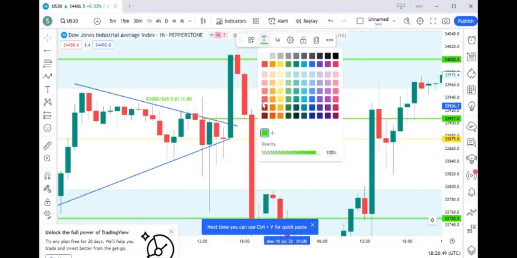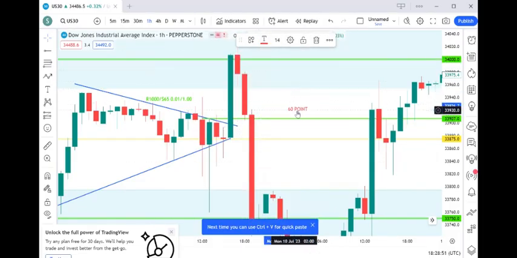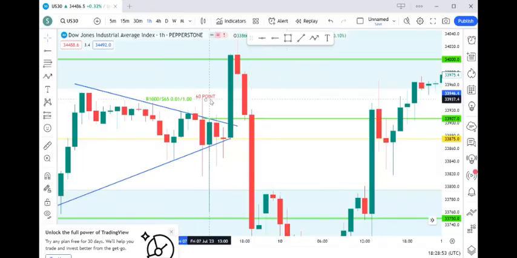Let me put that in red. They need to spike out 60 points, guys. This is the second one where it was less than 40 points. We beat them. We beat the system here. Market comes back in, we go into profit.